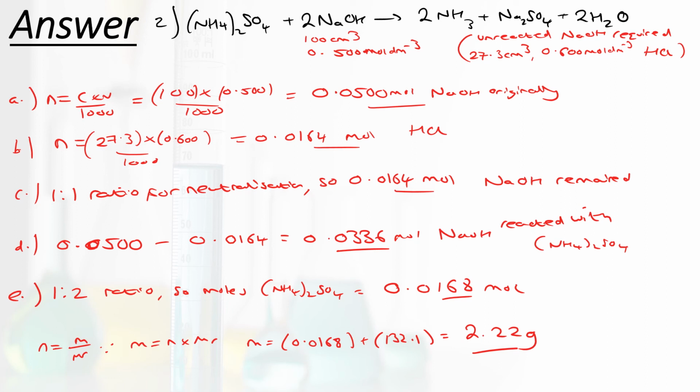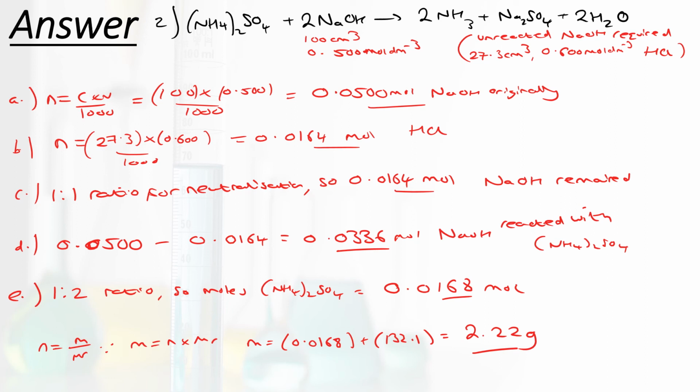Now question C asked us to deduce the number of moles of unreacted NaOH that was neutralised by the HCl. Well, it's a 1-to-1 ratio for neutralisation. Again, you can work out the equation HCl plus NaOH goes to NaCl plus water, a standard neutralisation reaction, and because it's a 1-to-1 ratio, there must have been 0.0164 moles of the sodium hydroxide that remained, just the same amount of the HCl that we used to neutralise it.